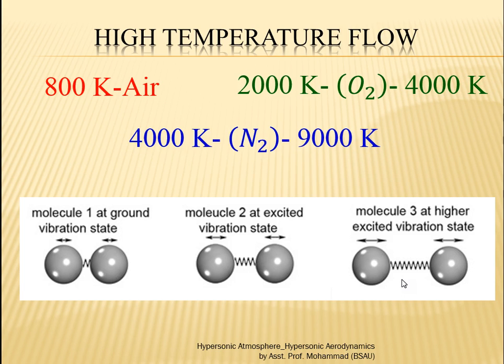So if any vehicle has a surface temperature of more than 9000, and we have already seen that a vehicle flying at Mach 36 will get a temperature of something like 11,000 Kelvin, in that case almost the whole surface will be engulfed by an ionized or chemically reacting plasma type of environment around it. So the vehicle will be flying as if inside a plasma, not inside a fluid. Rather, it is flying in a plasma ionized state.